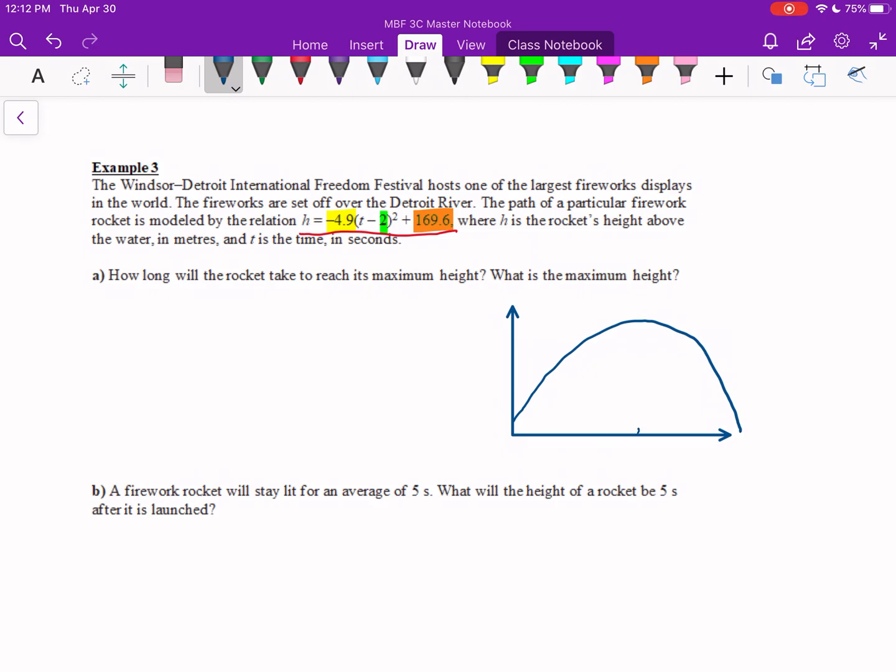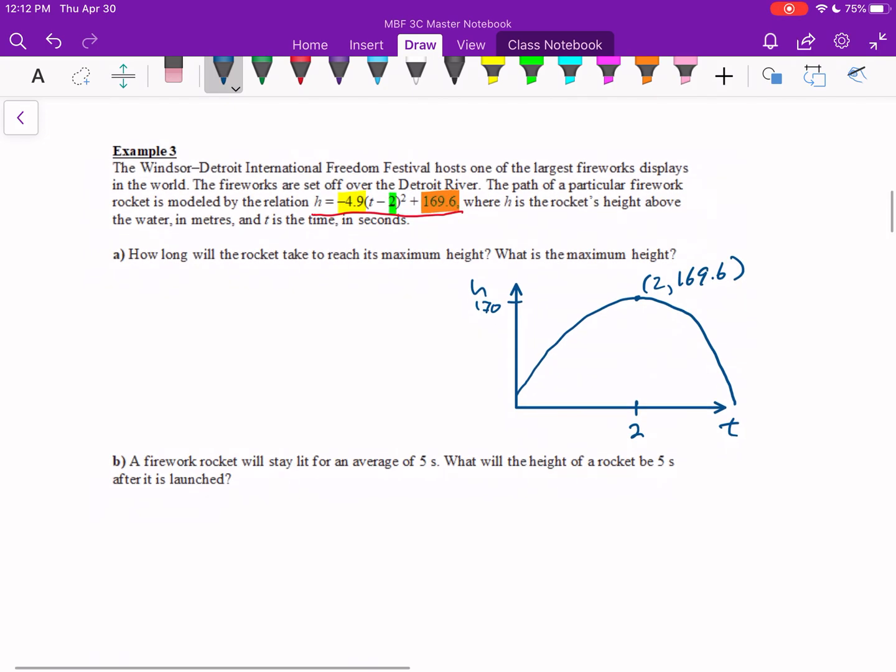What we know for sure is the vertex. Time is on the horizontal axis, height is on the vertical axis. So the vertex is at 2 seconds and 169.6 meters. So how long will it take to reach its maximum height?